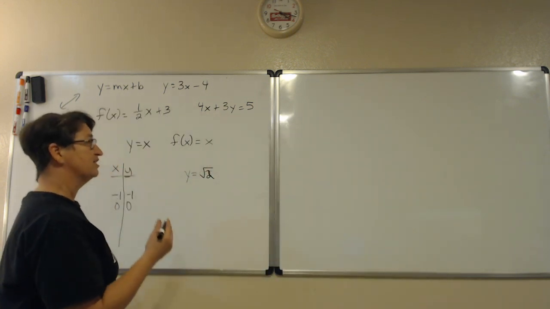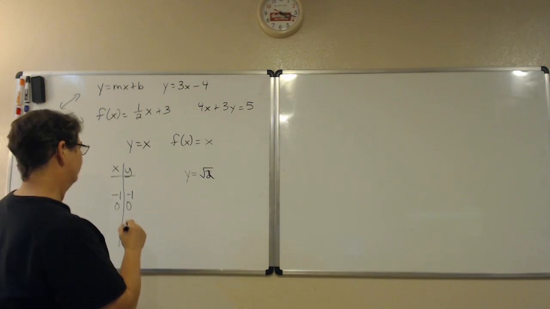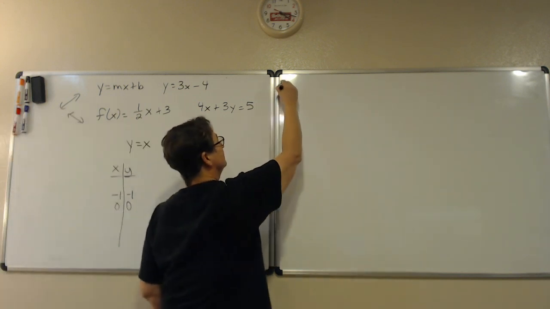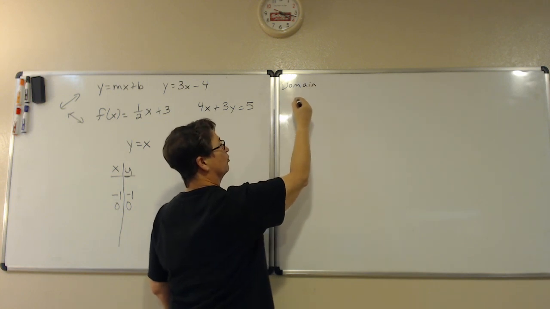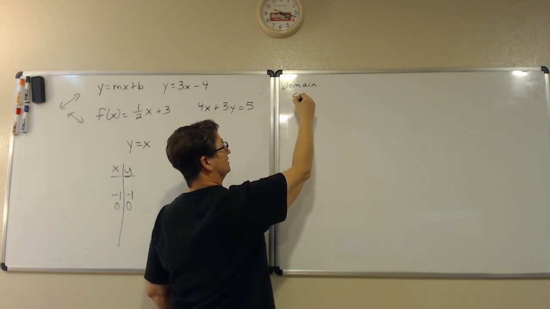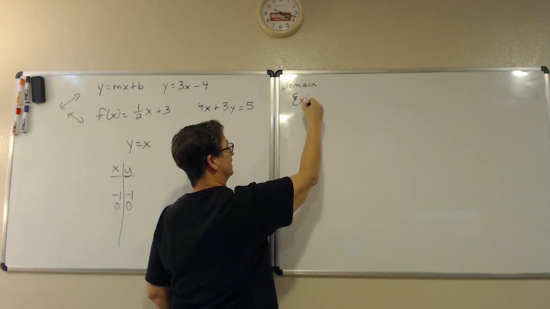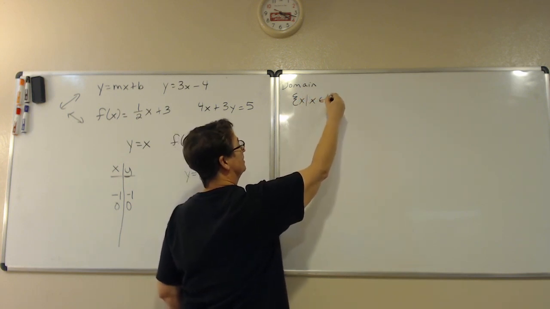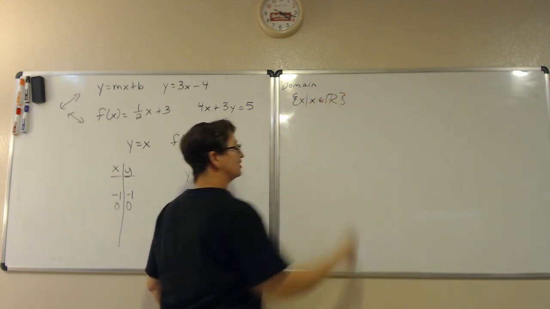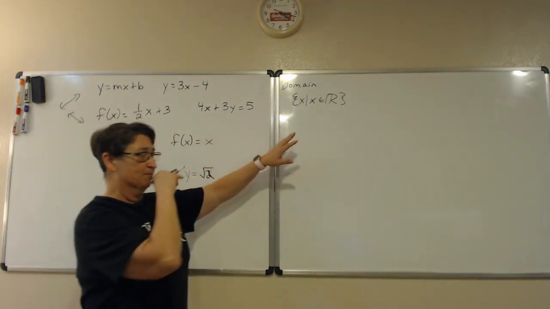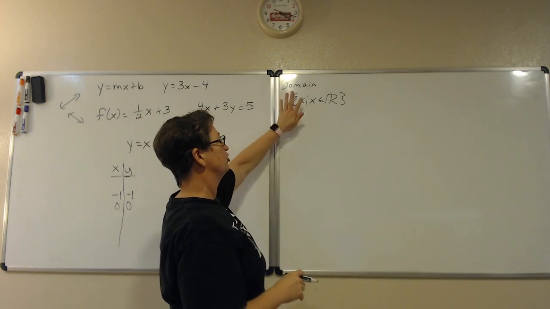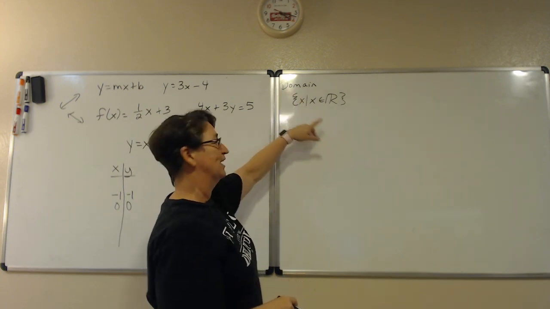So we say that the domain of this is all real numbers. And I write it like this in set builder notation. Again, this is Math-Ease, and we're going to have a whole lecture on just domain, so it's okay if it's confusing. That's all right. I'm just showing you now so we get lots of practice with it.